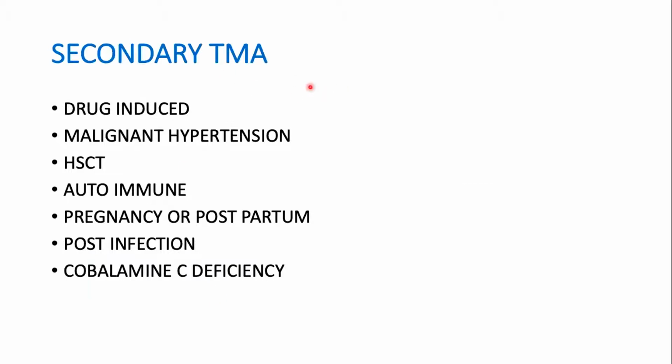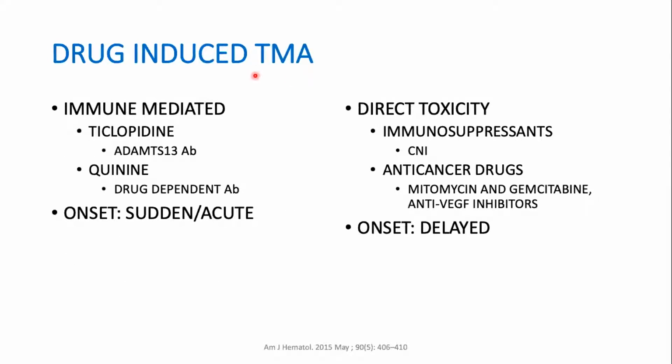Secondary TMA is actually an umbrella term, and as we discussed previously, it doesn't have an exact pathophysiology to explain the causes. In drug-induced TMA, there are two phenomena described in the literature.